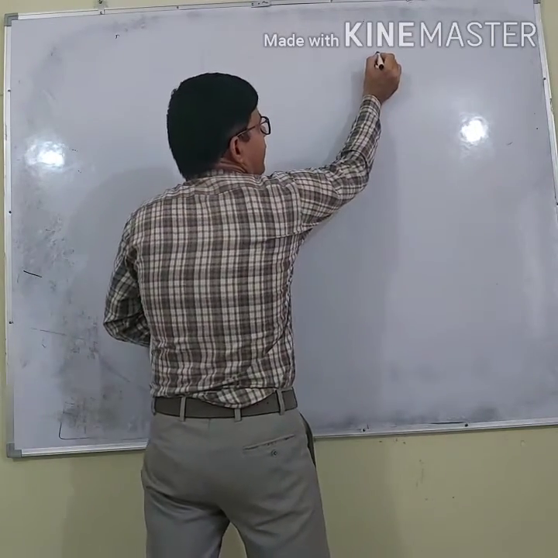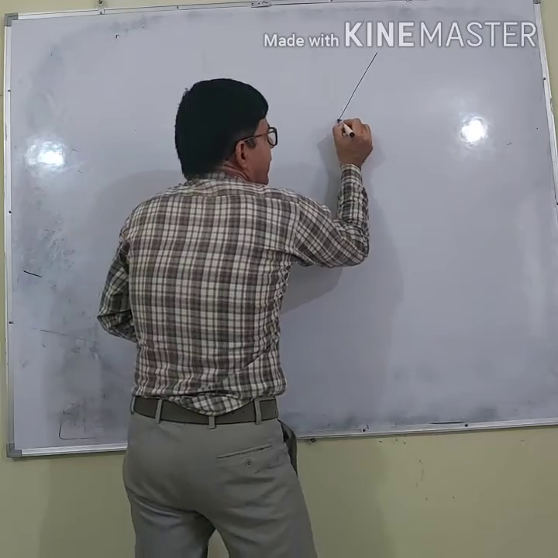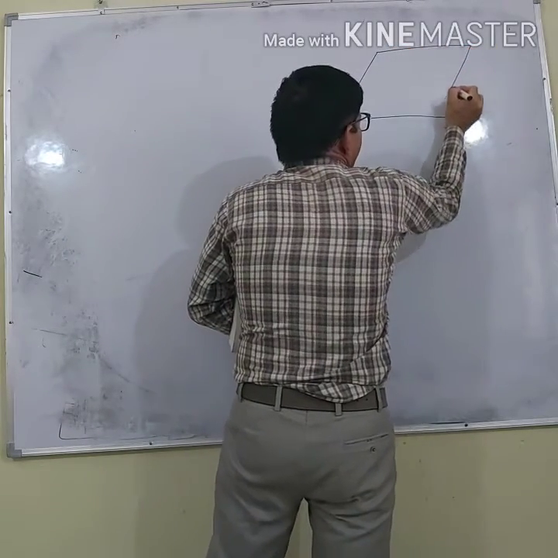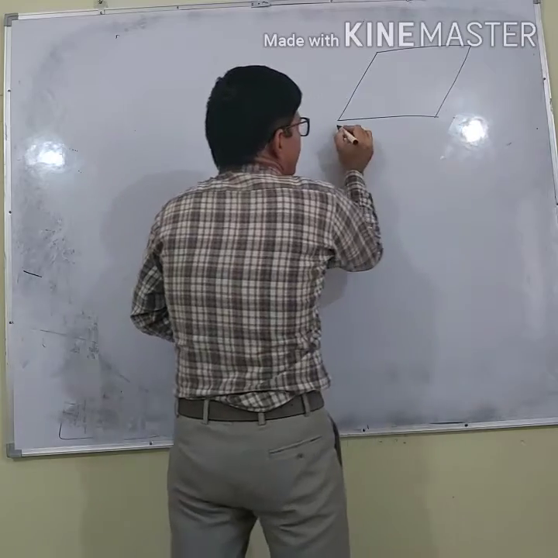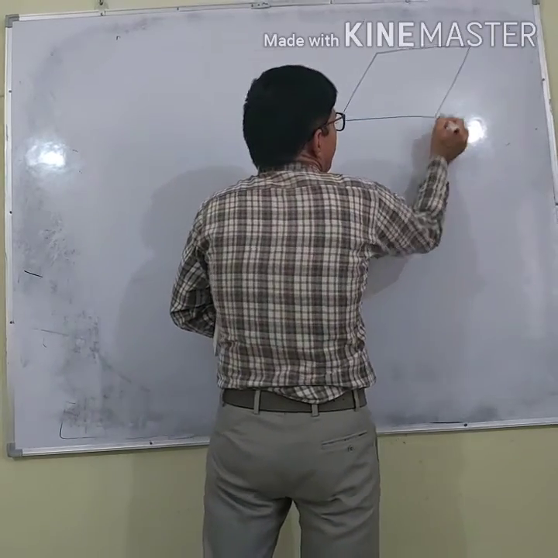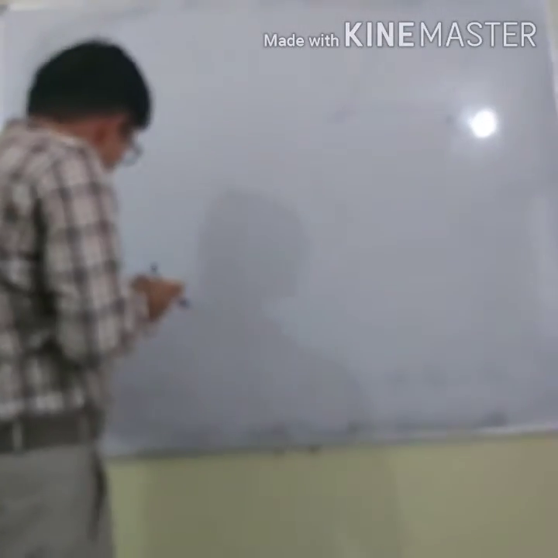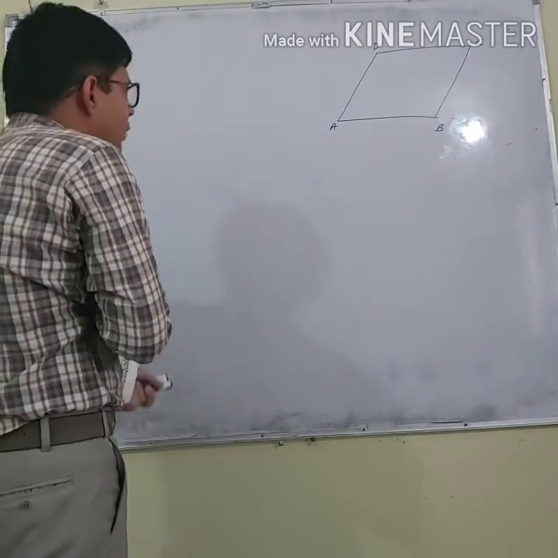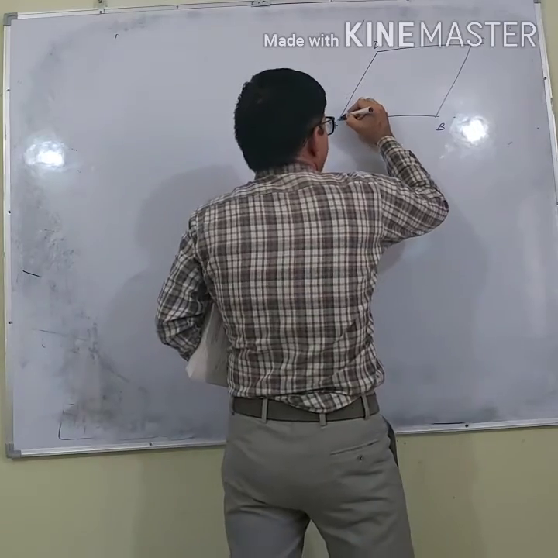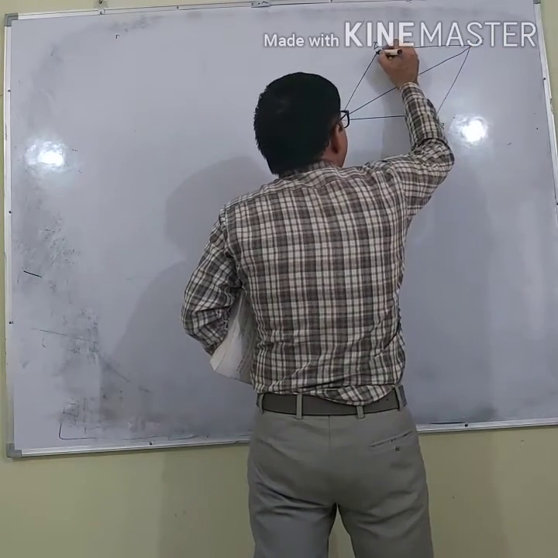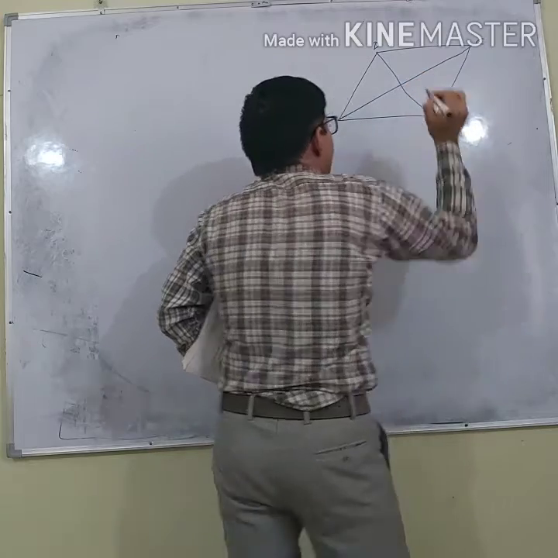Let us say ABCD is a parallelogram. This is A, B, C, D. It's a parallelogram, and AC and BD are its diagonals. This diagonal is AC and this diagonal is BD.